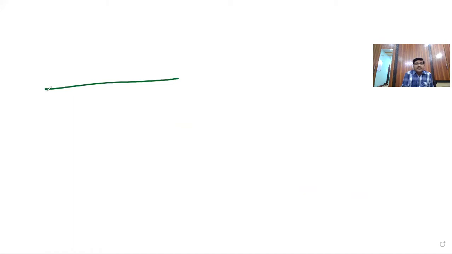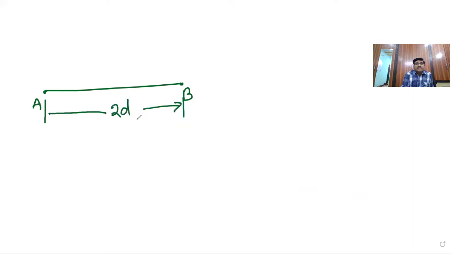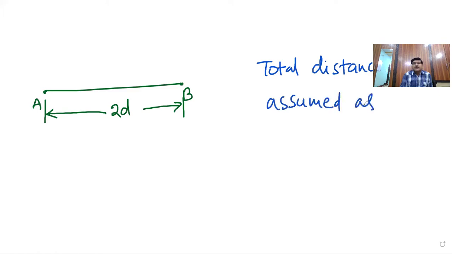Let us say A, B is the distance. I am assuming the total distance as 2D for convenience. It is clearly given in the problem that it is half the distance.